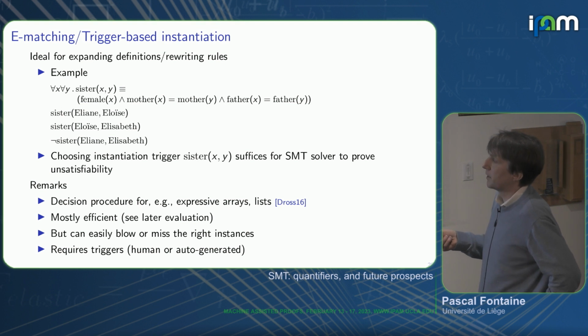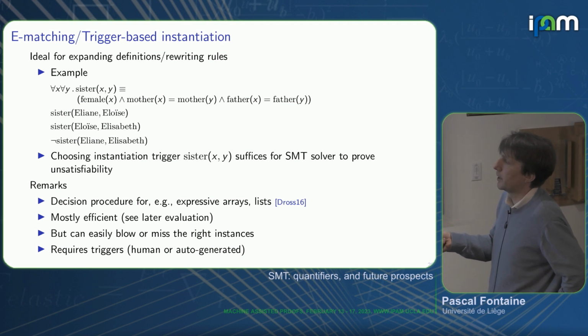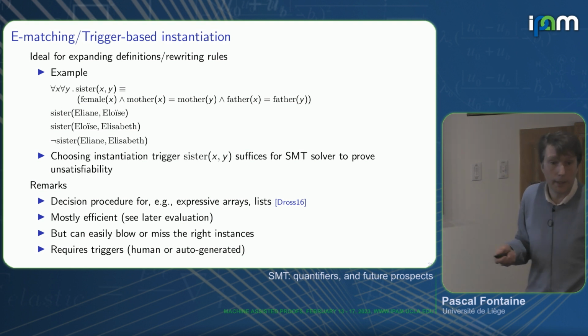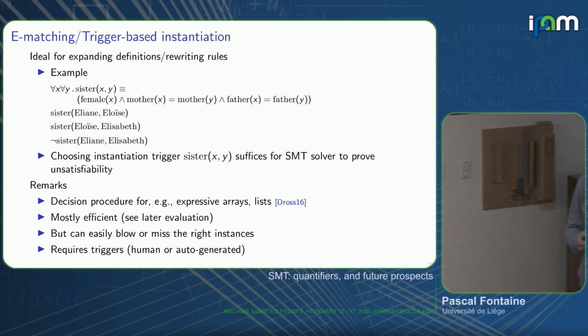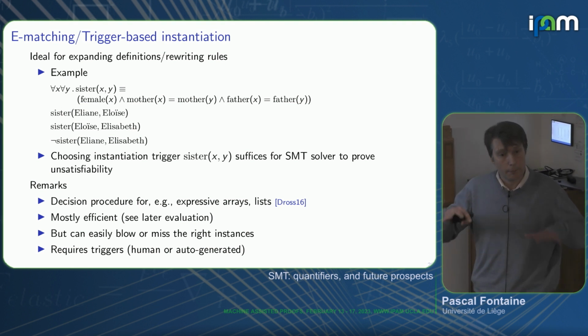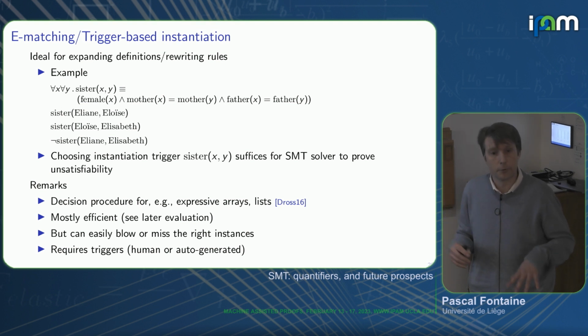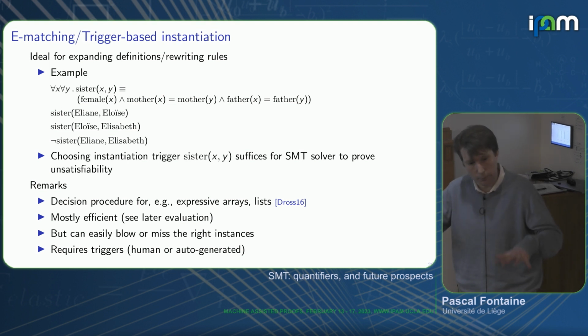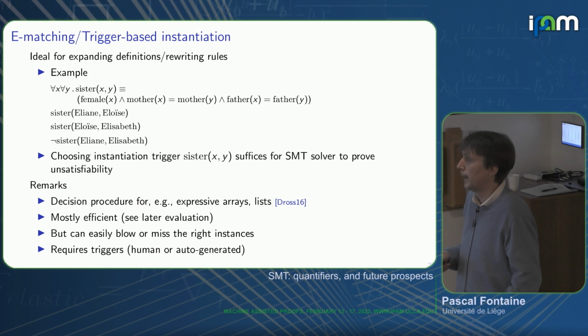For instance, I will instantiate this formula with the pairs Eliane Eloise, Eloise Elizabeth, Eliane Elizabeth, and quickly find out that there's a contradiction. But at the ground level, I will not have to reason about quantifiers anymore. Everything will be down to the ground level.